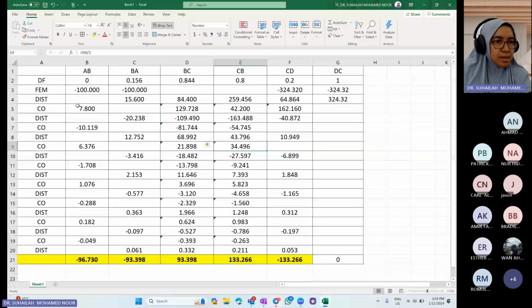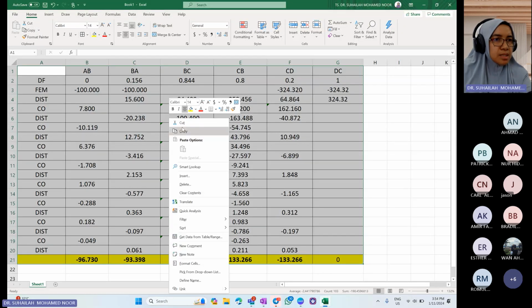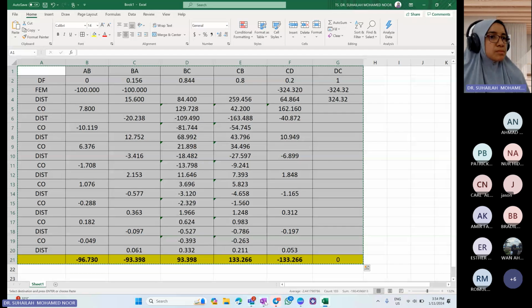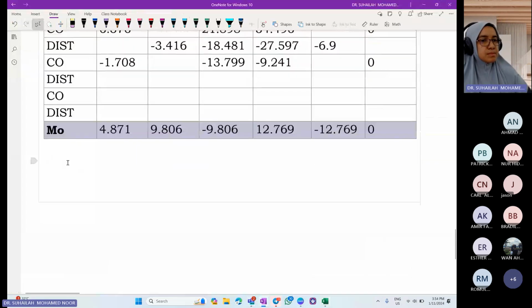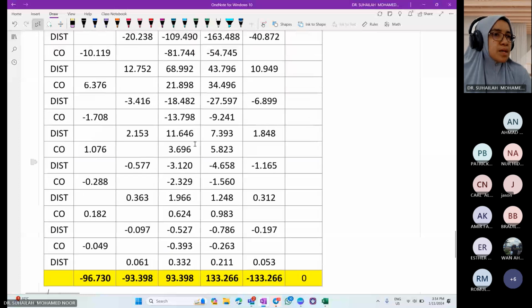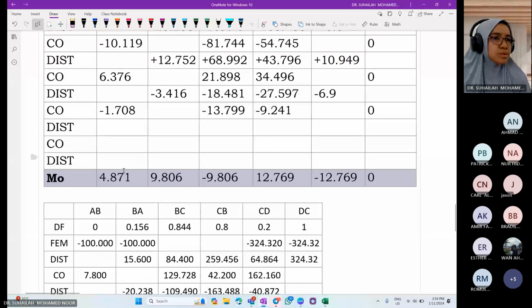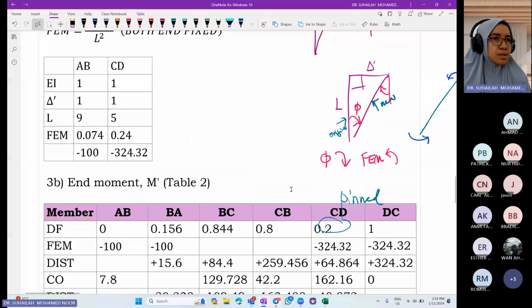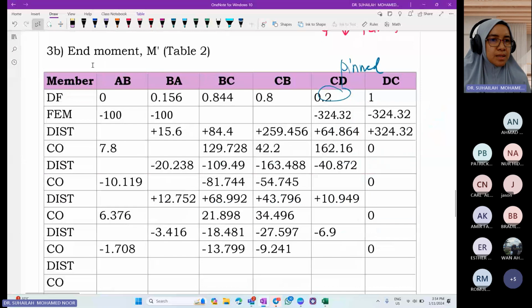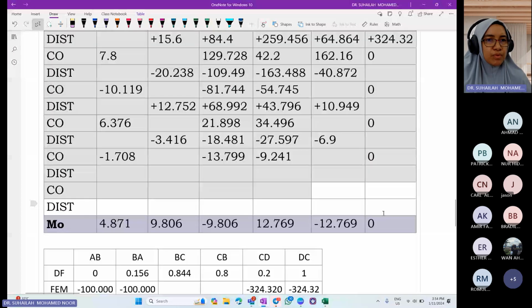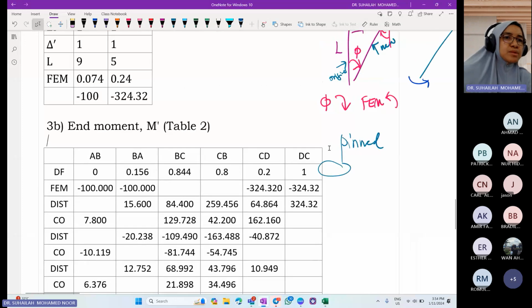Okay, ni yang table tadi tu lah. So this is table 2.